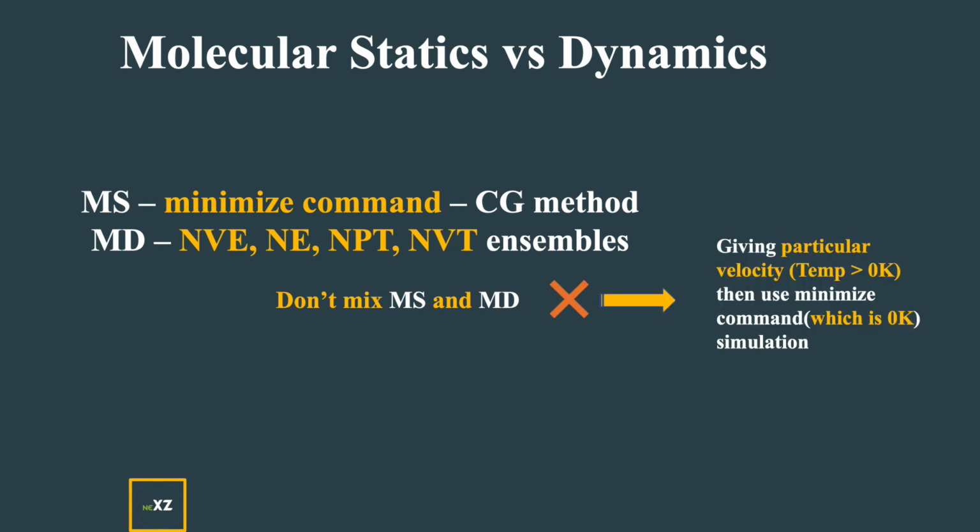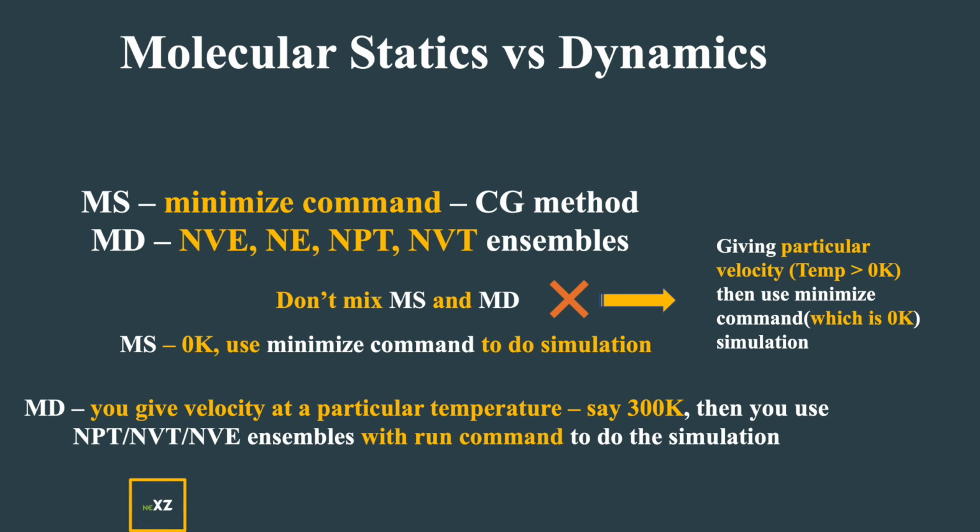I have seen many people giving a certain velocity and then using the minimization command for the simulation. If you are giving a velocity which is greater than 0 Kelvin, and you are using the minimization command, which is for 0 Kelvin, you are actually reducing the velocity of the particles to 0 Kelvin, which is not correct. Don't do that.